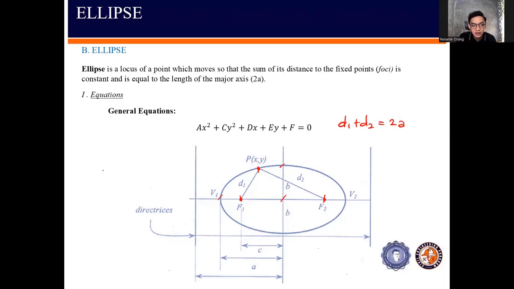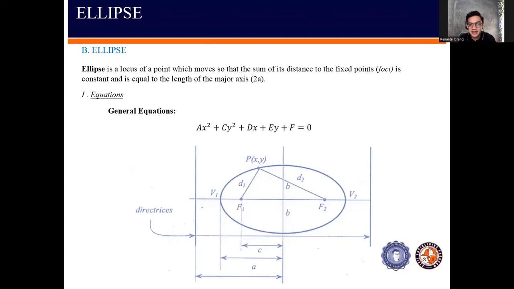So for example, if our ellipse is vertical, like this, this is our major axis. So this is our A and this is our B. Okay. So the general equation of our ellipse is the same for all, right? That is ax squared plus cy squared plus dx plus ey plus f is equivalent to 0.